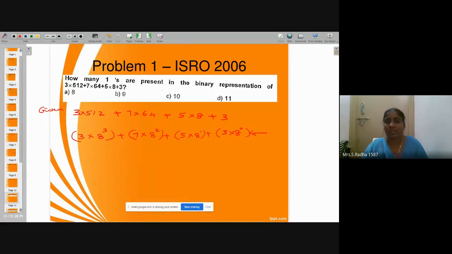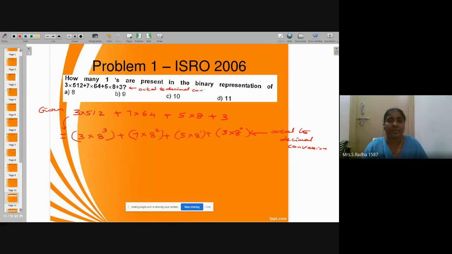This full line is equal to the given statement. So in the given question itself, what I have identified is octal to decimal conversion.